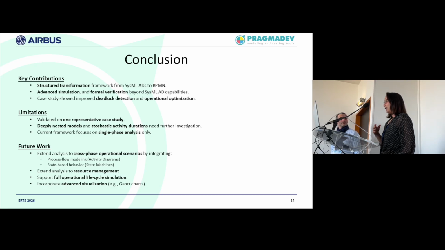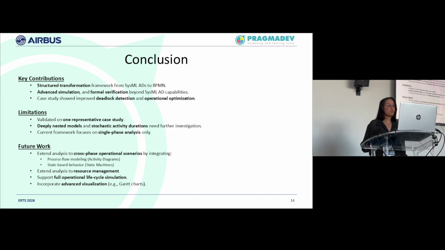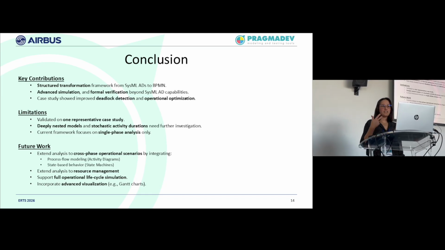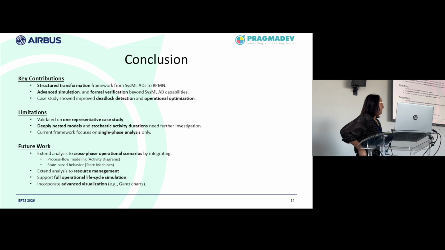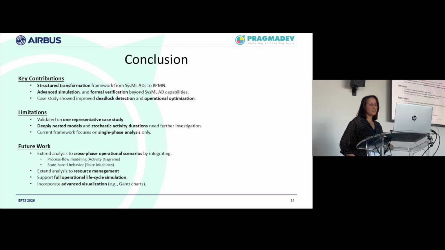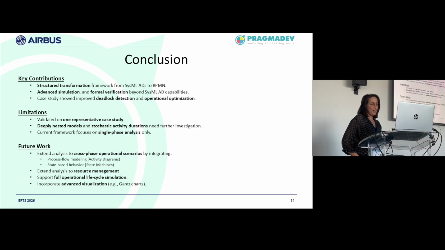But aircraft operations are not only turnaround operations. There are flights, there is maintenance, there are cockpits, and so on. So the objective to continue the exploration is to extend this analysis to other cross-operational phases by integrating state machines, which is another diagram within SysML.